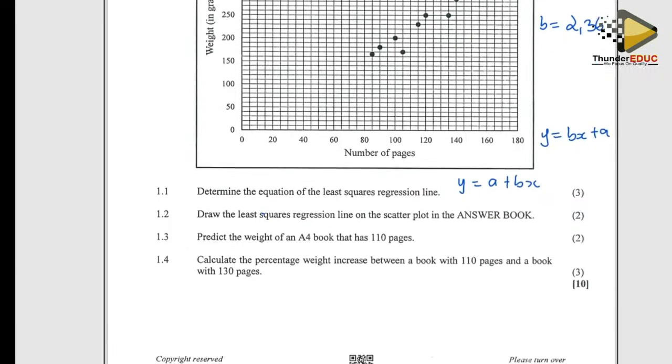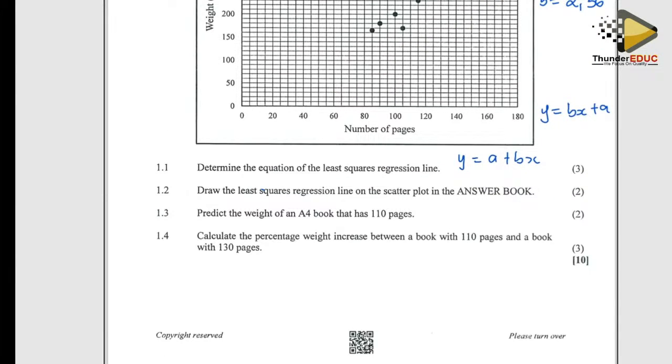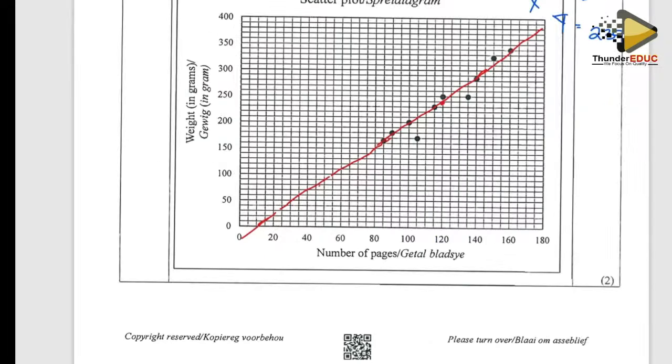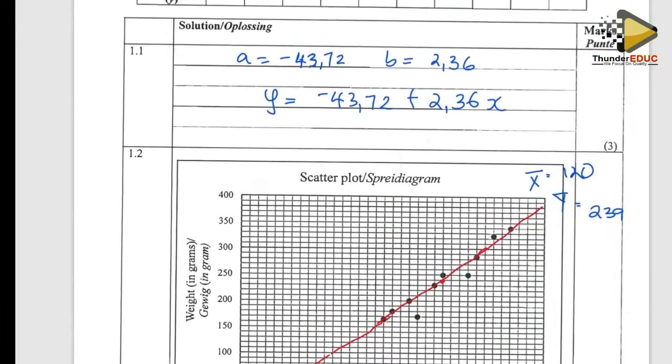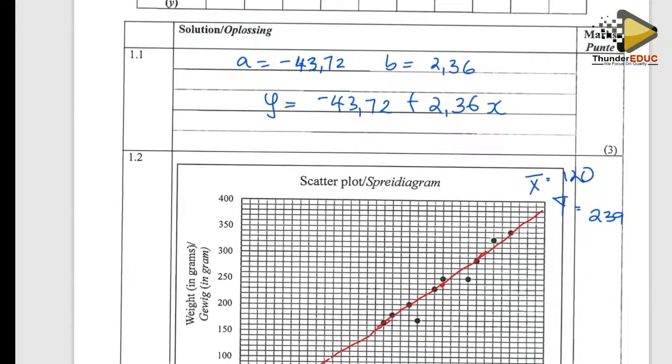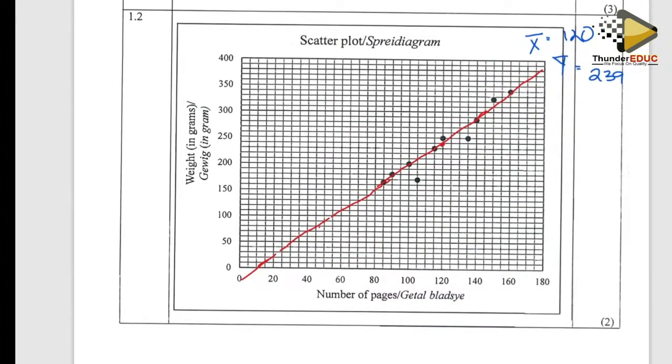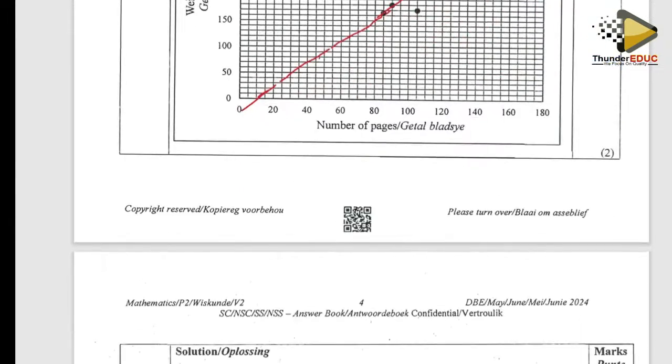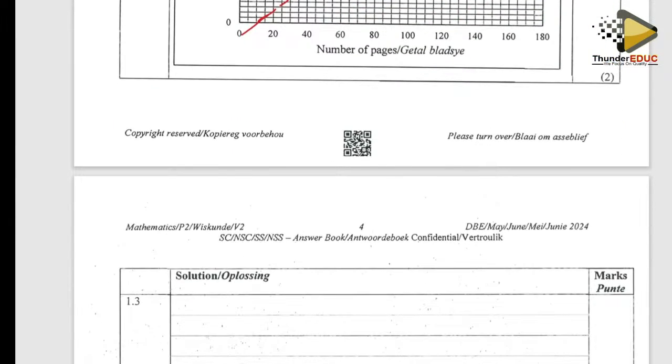Then they want us to predict the weight of the A4 page book that has 110 pages. From the equation, the weight is represented by y. In other words, we need to find y if x is 110.